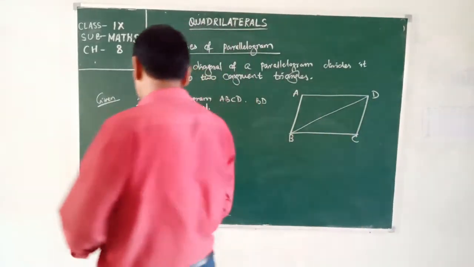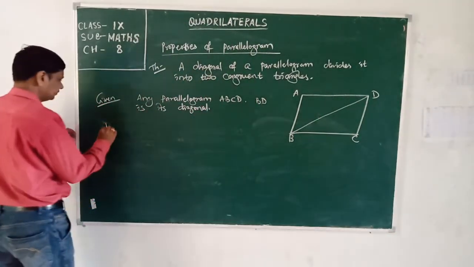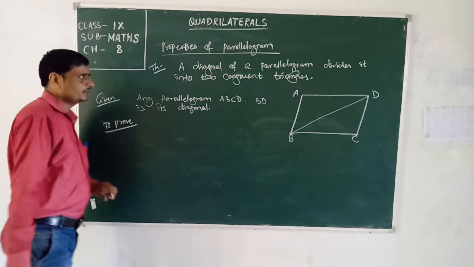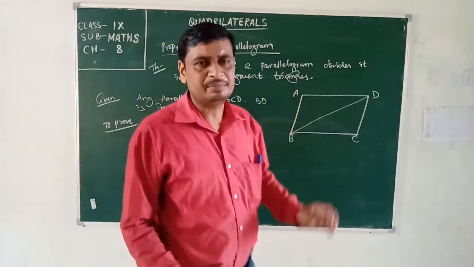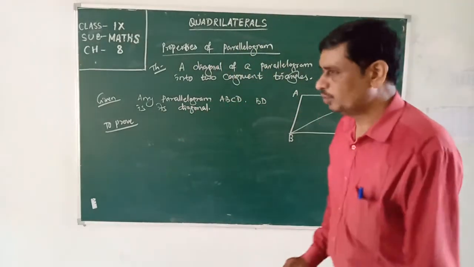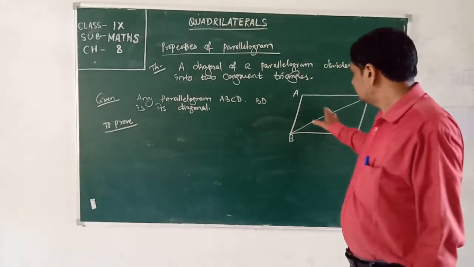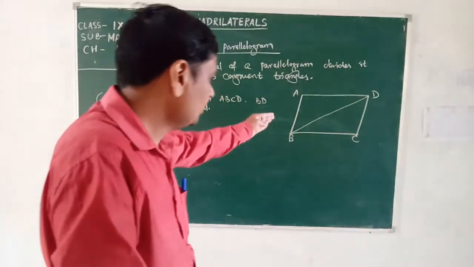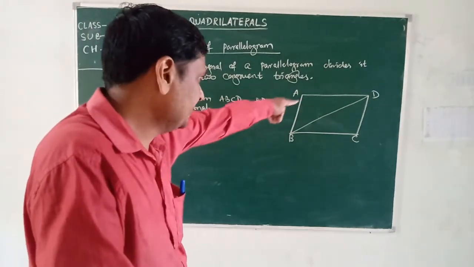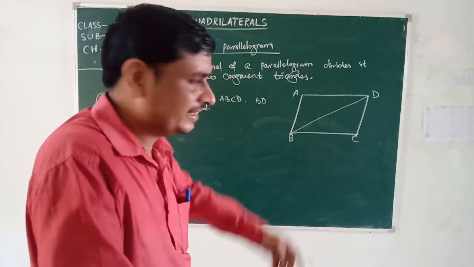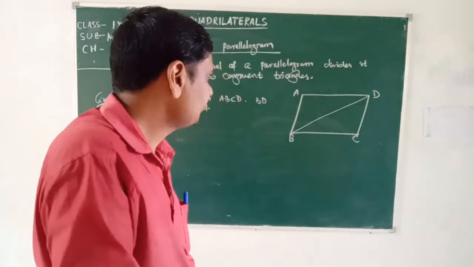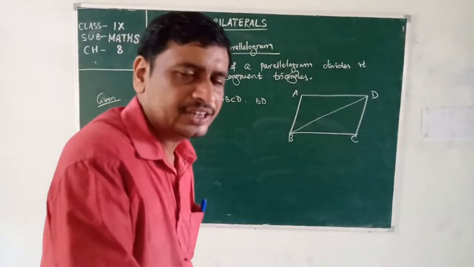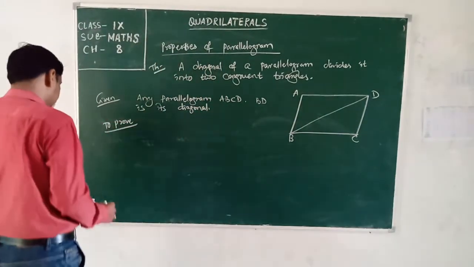Next, to prove. According to the statements given here, we have to show the triangles formed by drawing the diagonal, both triangles ABD and CBD, are congruent. So we have to show triangle ABD and triangle CDB are congruent to each other.